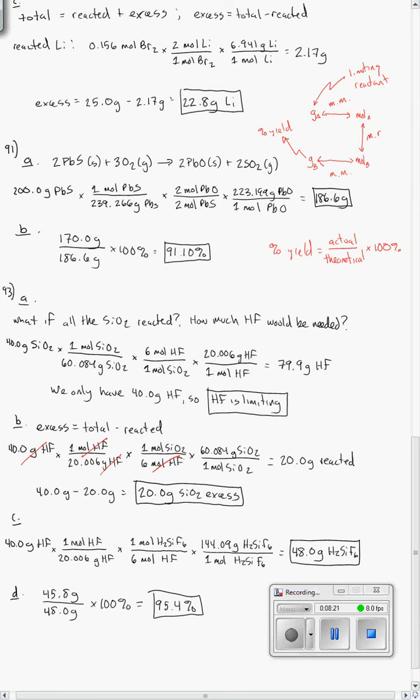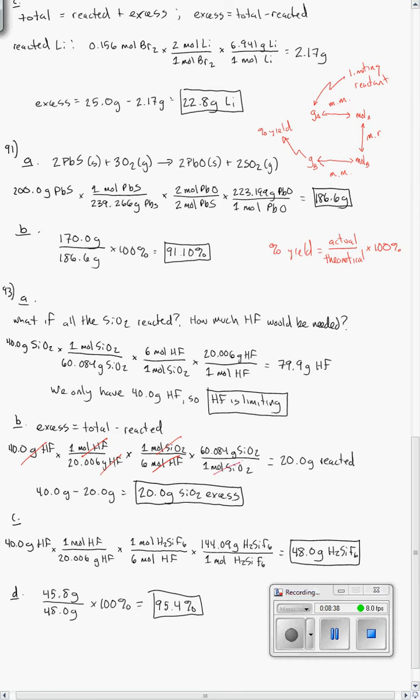And in order to determine how many grams of SiO2 reacted, we're going to multiply our moles of SiO2 by the molar mass of SiO2, 60.084 grams. To set it up correctly, our moles should cancel out, and we'll be left with 20.0 grams of SiO2 that reacted. We started with 40 grams of the stuff.